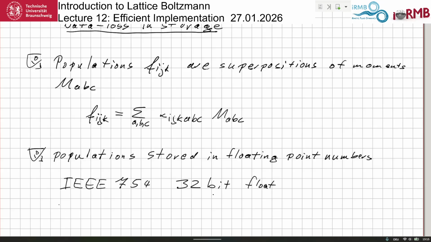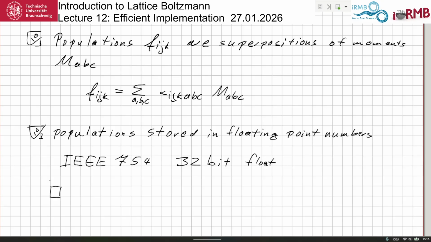Okay, let's look at this number. How is this built? I kind of assume that you know, but I'll tell you anyway. There is 1 bit for the sign. Then there are 8 bits for the exponent.